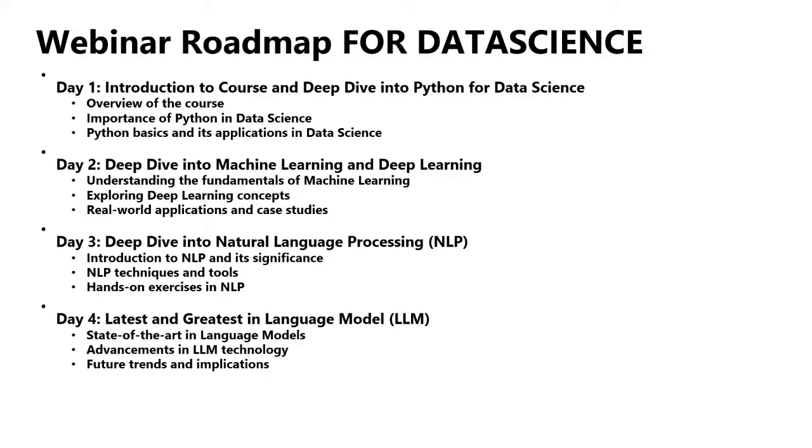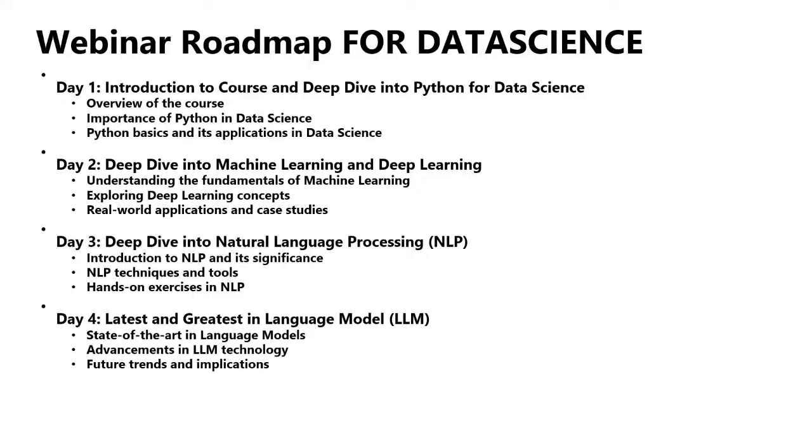Today I'll show you an overview of the course, what is going to be covered in the paid course, not in this webinar, but I'll give you a glimpse of what can be achieved if you enroll. I'll show you the importance of a specific language. There are many languages, like Google has Go, and Microsoft has .NET, which is C sharp, and there are Java and C++.